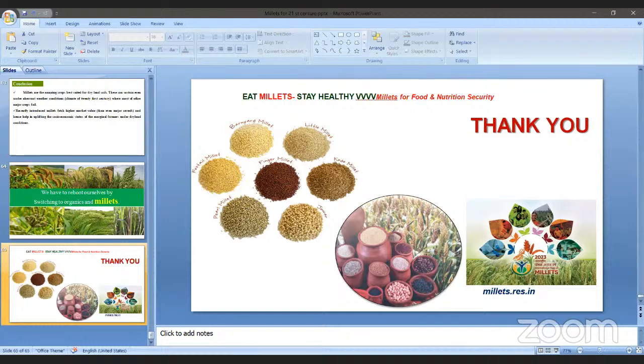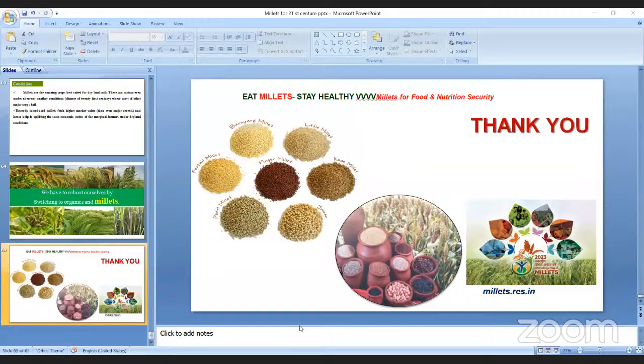Sir, you have given a good presentation. Please, madam. I have one doubt: in Karnataka and some other places where millet is a staple food, the area is flourishing in that region.